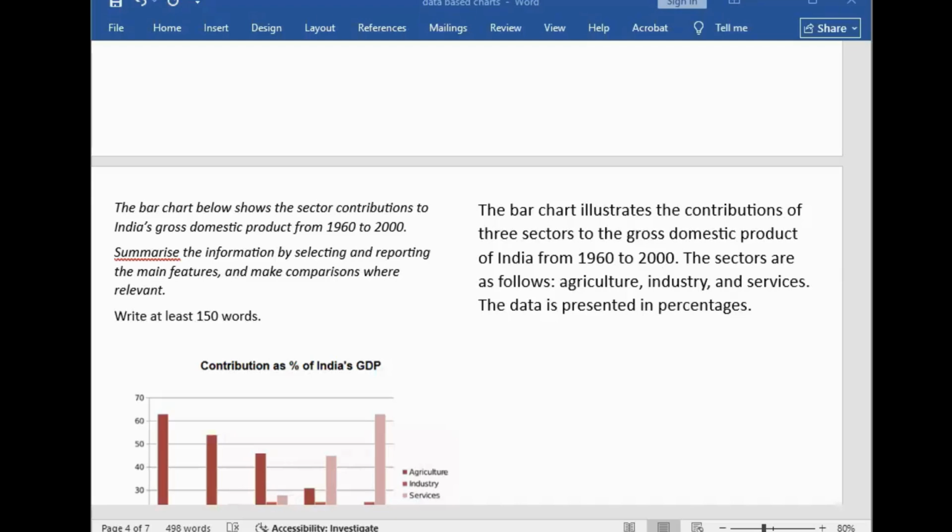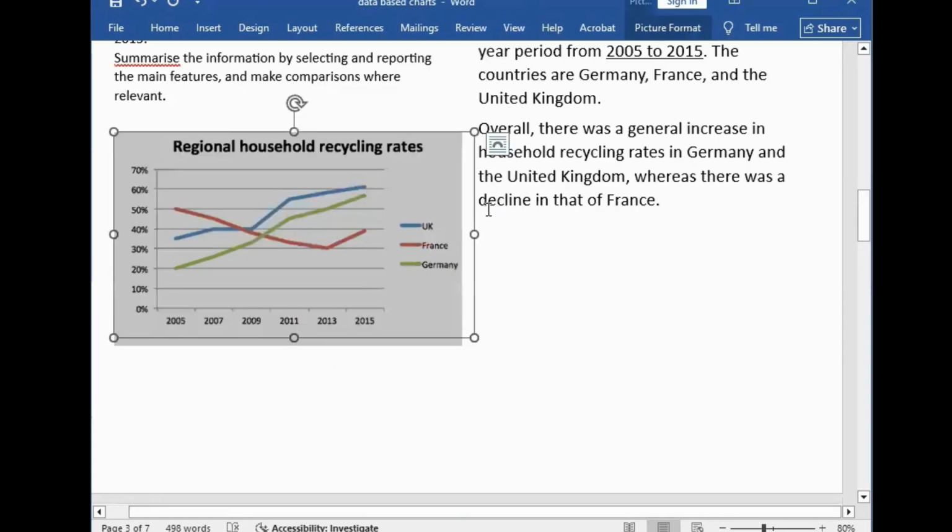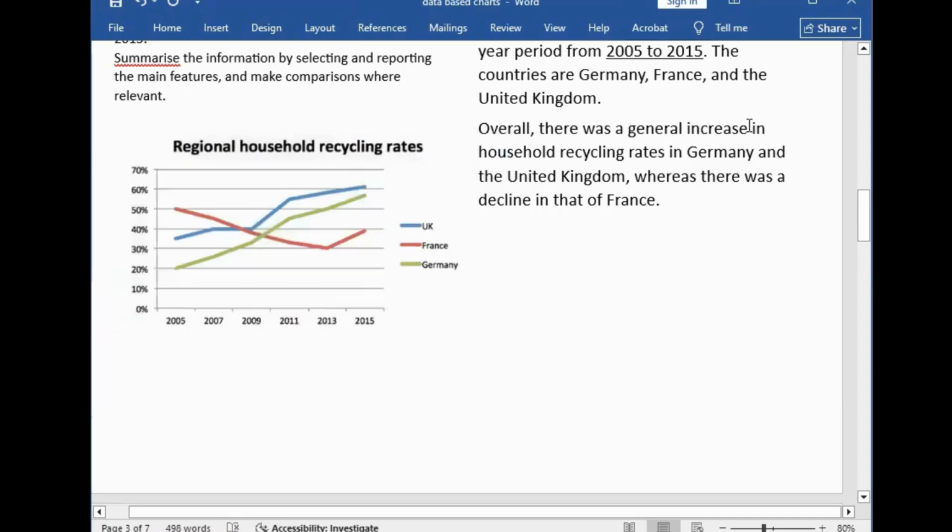Okay, so how do we write our overview for this bar chart? Remember the pattern again. Highlight the trends for all or majority of the categories, or mention the categories with the largest and smallest value. For this line graph, the pattern I used is what? I just talked about the trend. What is the trend here?